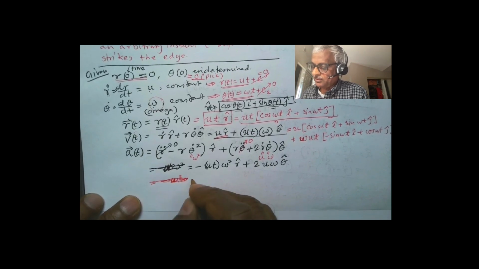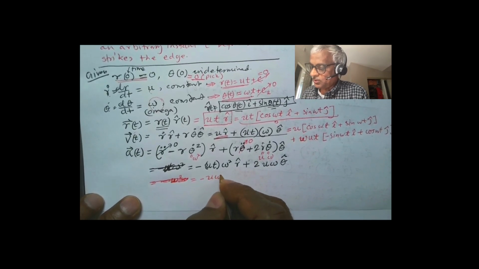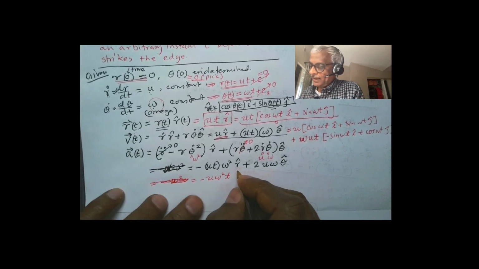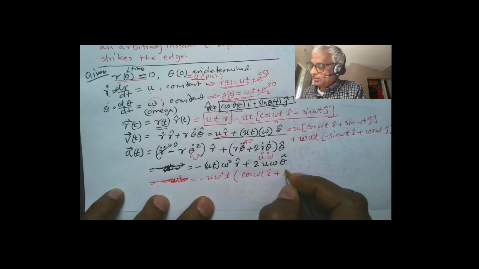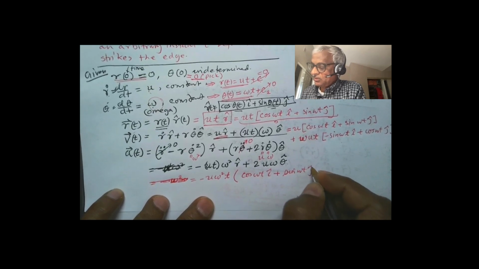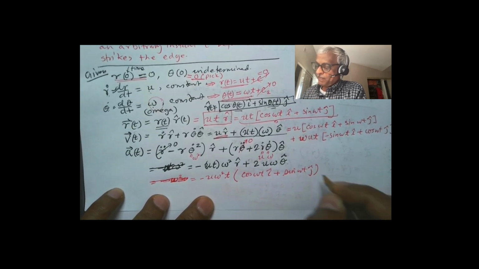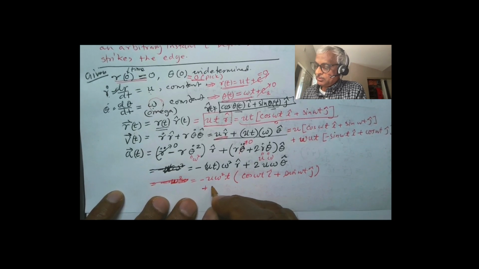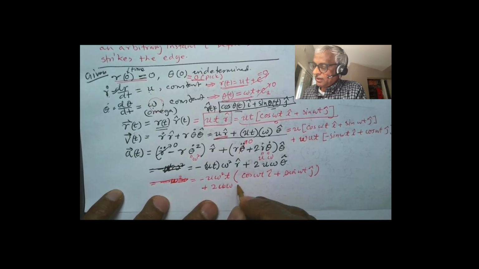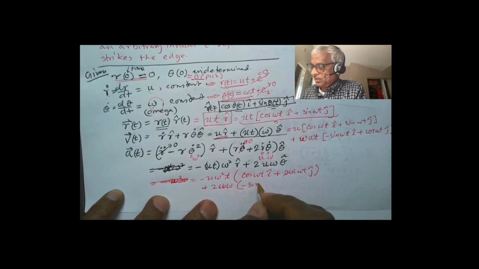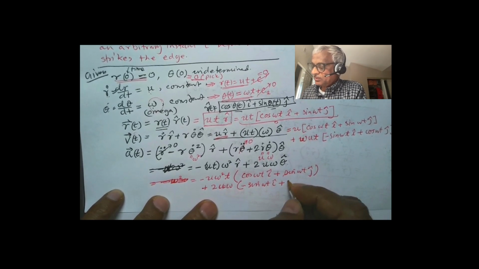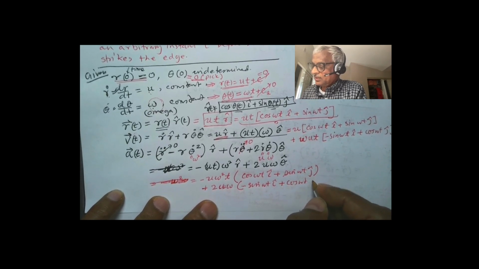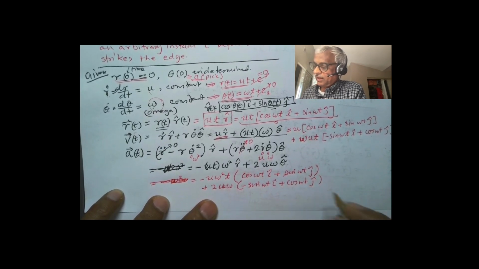I like to write u omega square t, and r hat is just cosine omega t i hat plus sine omega t j hat, and then plus 2 u times omega, minus sine omega t i hat plus cosine omega t j hat.